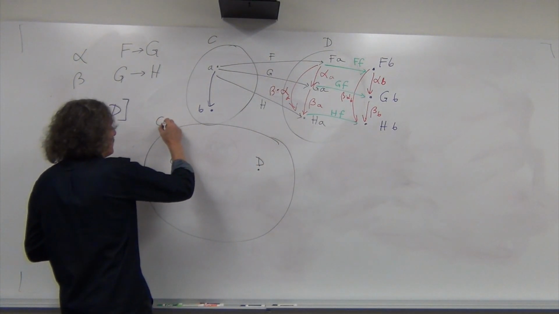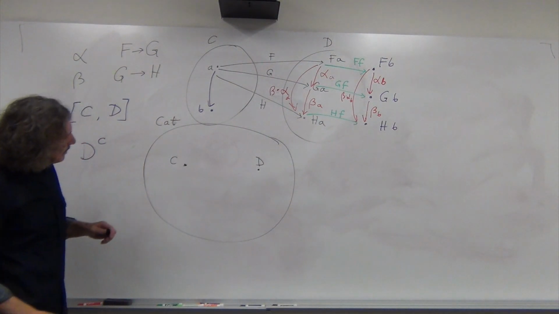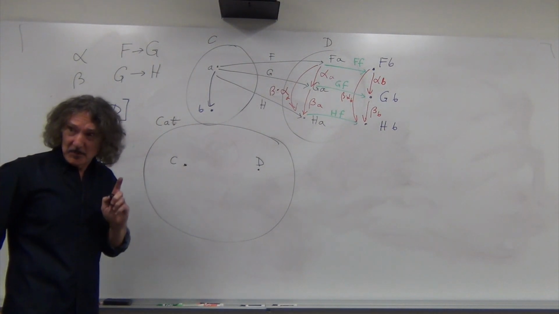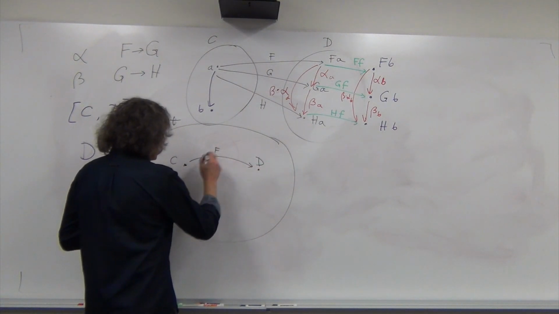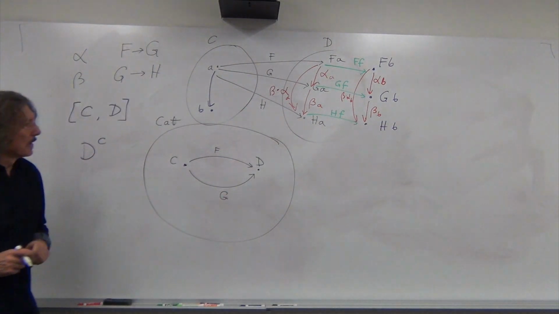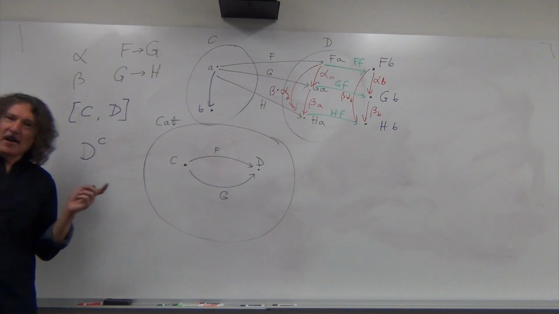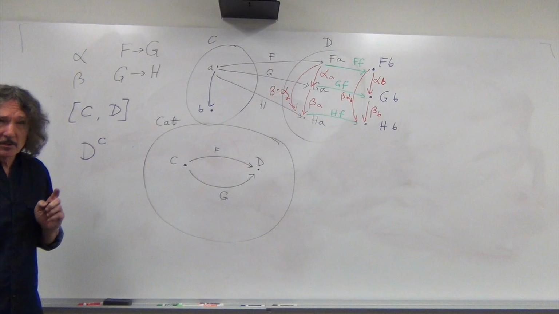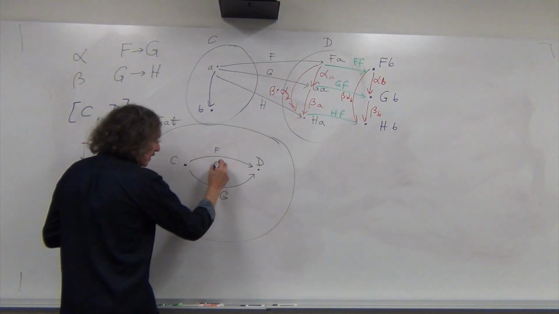I'll draw the big Cat, right? Now morphisms in Cat, remember, were functors. This is like functor F, functor G. Okay? But now we have morphisms between functors. So how do we draw this? Okay, let's draw it like this.